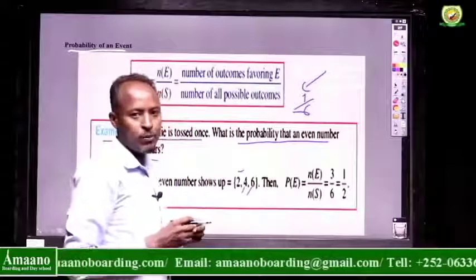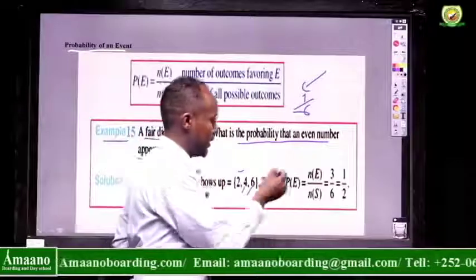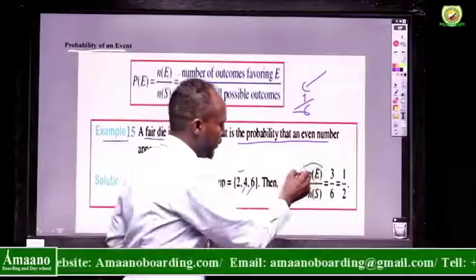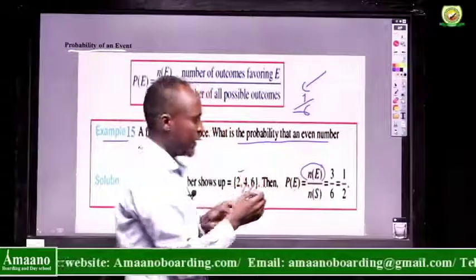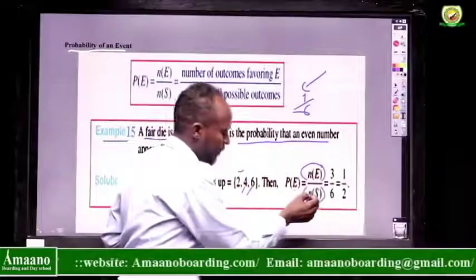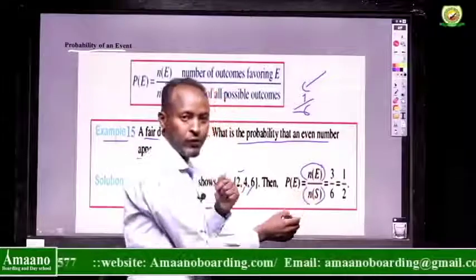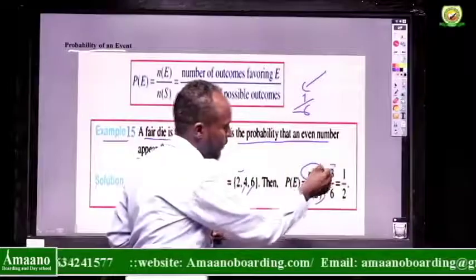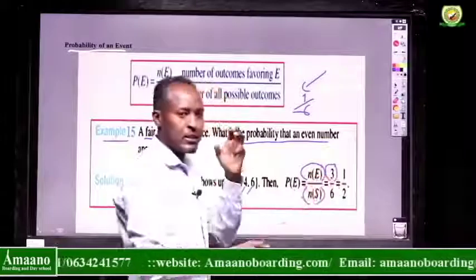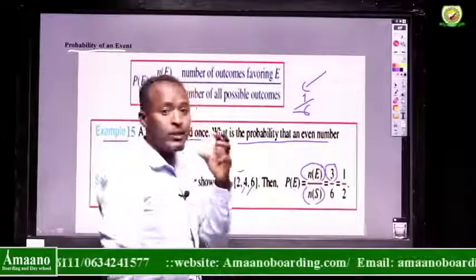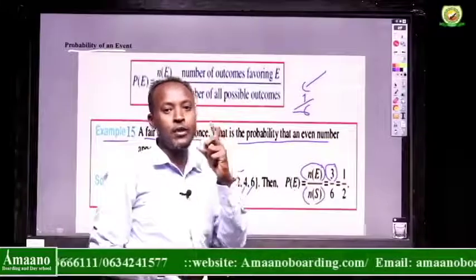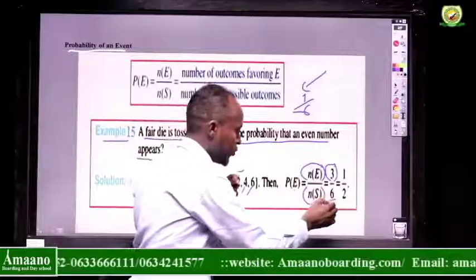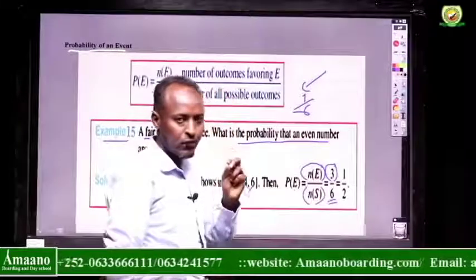Therefore, to find the probability of this event E, which is an even number, is the number of even numbers we have from the die divided by the sample space, n of S. From here we can see that 3 is the number of faces from the die that has an even number. 3 divided by 6. This 6 is the total number of sides from the die.